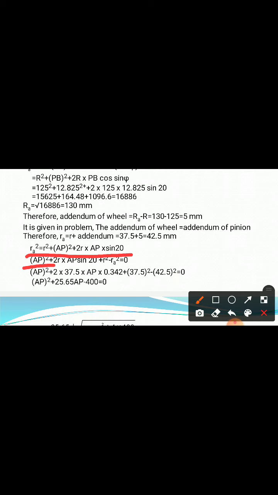After simplifying this equation, RA value is known to you, R value is known to you.